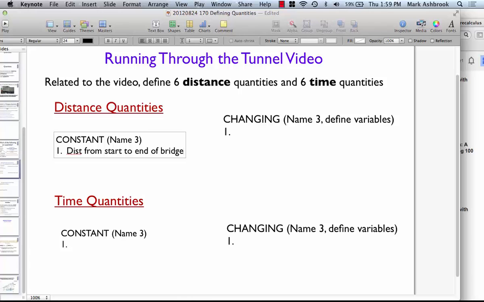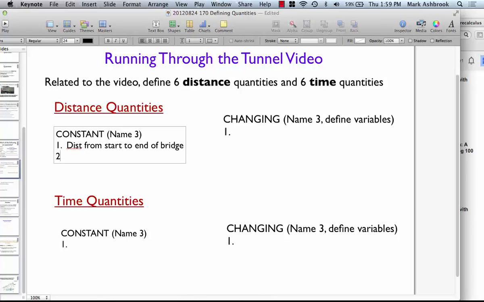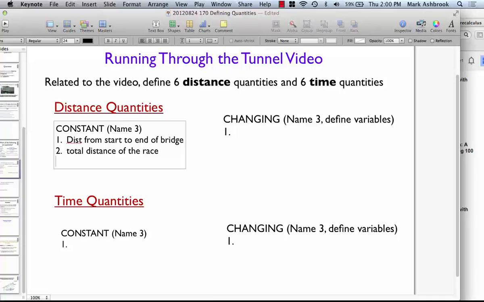Does someone else have another one over here? Okay, so you're kind of thinking outside of the video. There's just a portion of the race, so that's okay. Total distance of the race they're in. What else? Distance from the beginning of the video till she started running on the bridge.